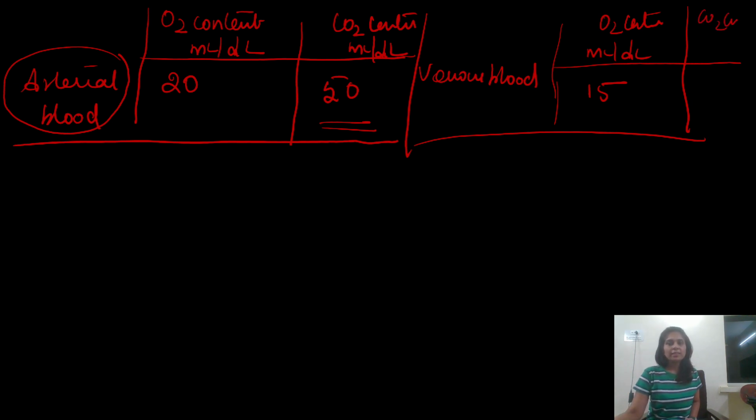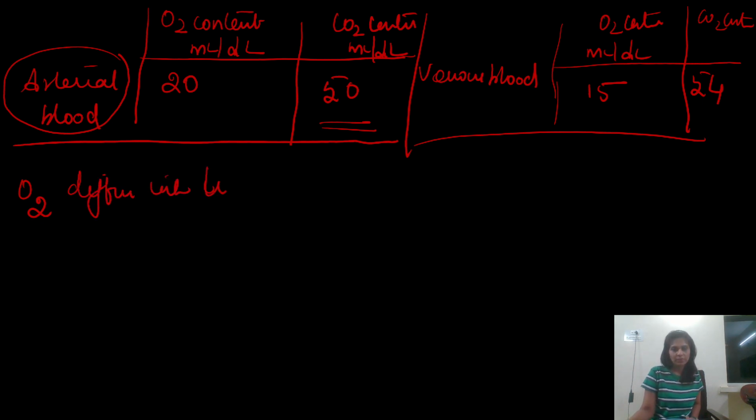Carbon dioxide content in venous blood is 54 ml per deciliter. So if I ask you what is the amount of oxygen that has diffused into tissues? 20 minus 15 is 5 ml per deciliter. Amount of oxygen given off to tissues is 5 ml per deciliter.